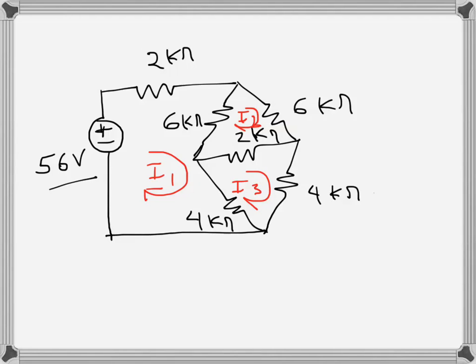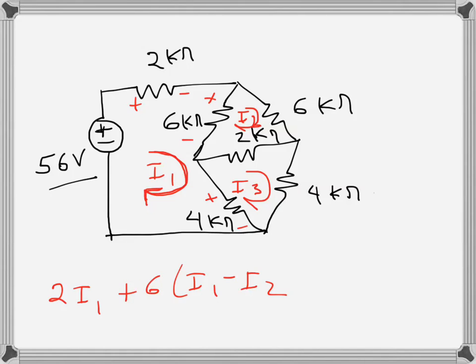So first I am writing for mesh 1, which is this one with the mesh current. So on the left hand side I will write the voltage drops. So for 2 kilo ohms the current is I1, then plus 6 I1 minus I2, because I2 is going the other way, and so I am assigning the drops this way, going counterclockwise.